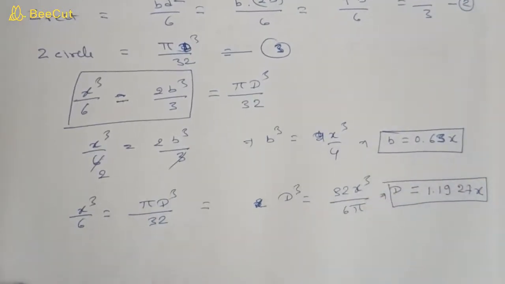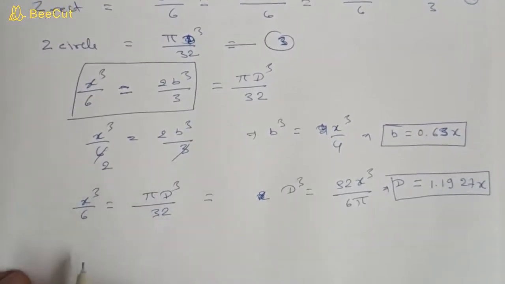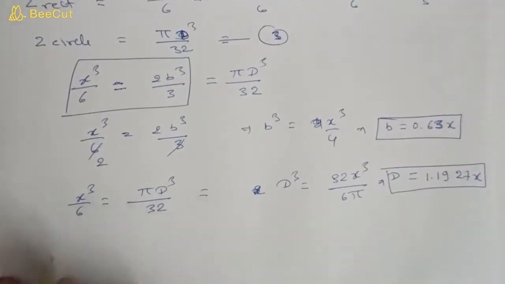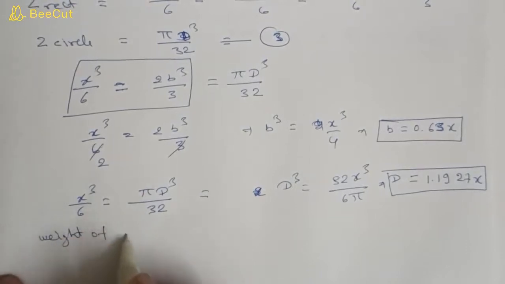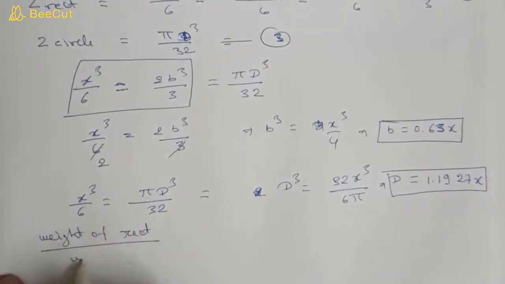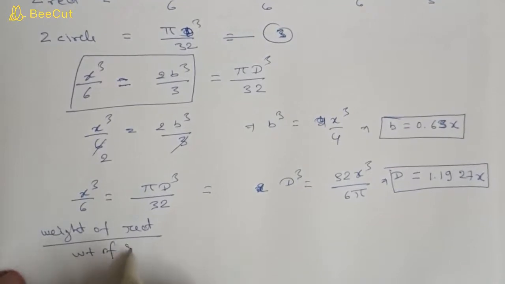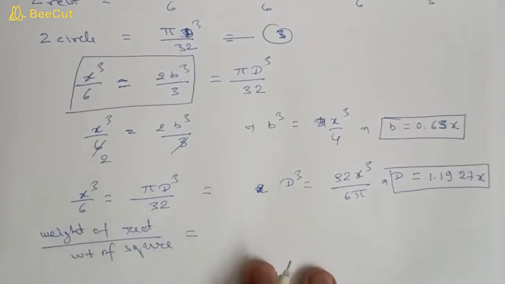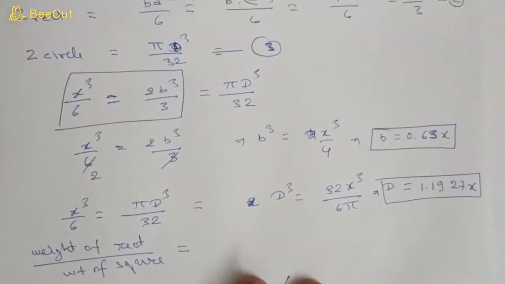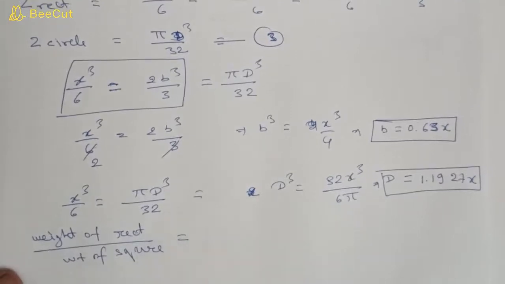Now we have to calculate the ratio of weights of the rectangular section and circular section with respect to the square section. So weight of rectangle upon weight of square. Length is the same and the material is also the same, so weight will be proportional to volume.